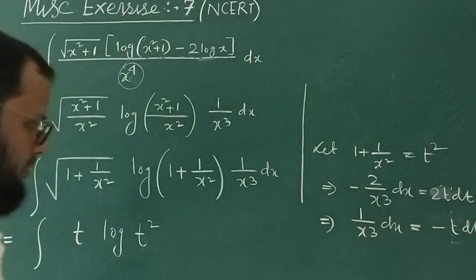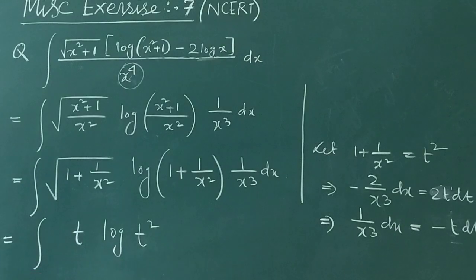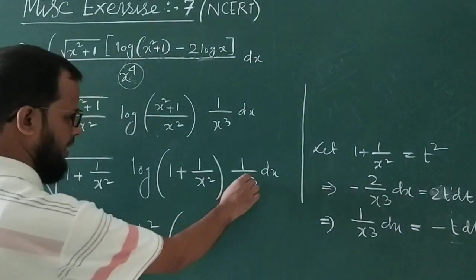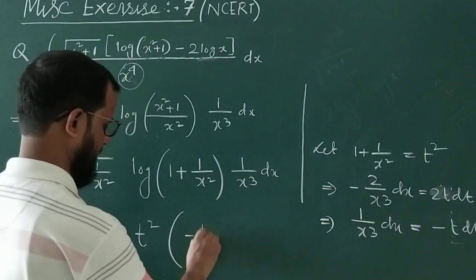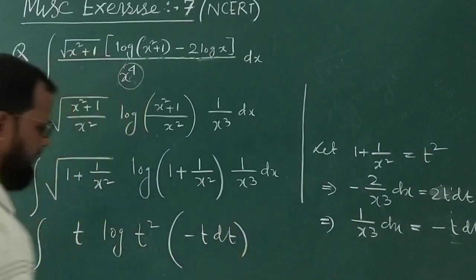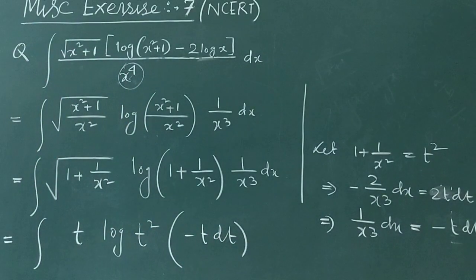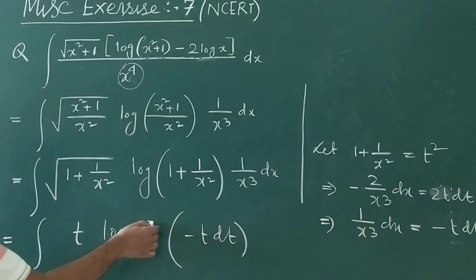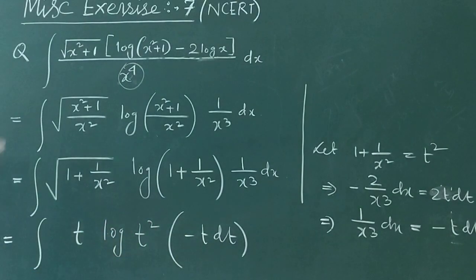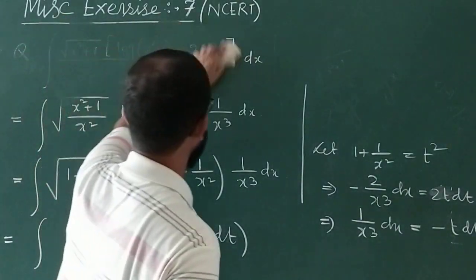So t log t square, 1 by x cube dx is equal to minus t dt. So this log t square can be written as 2 log t.